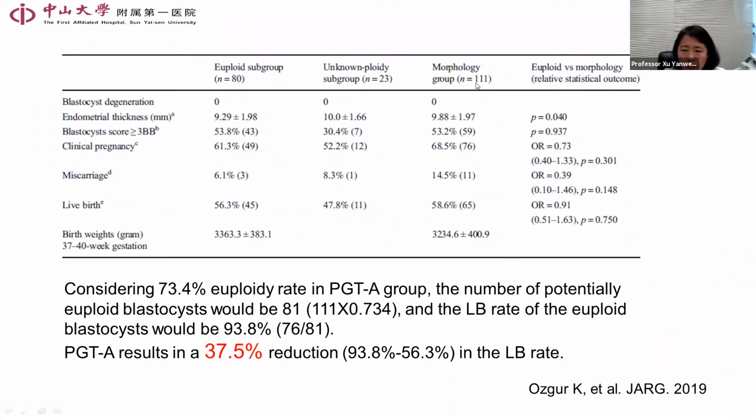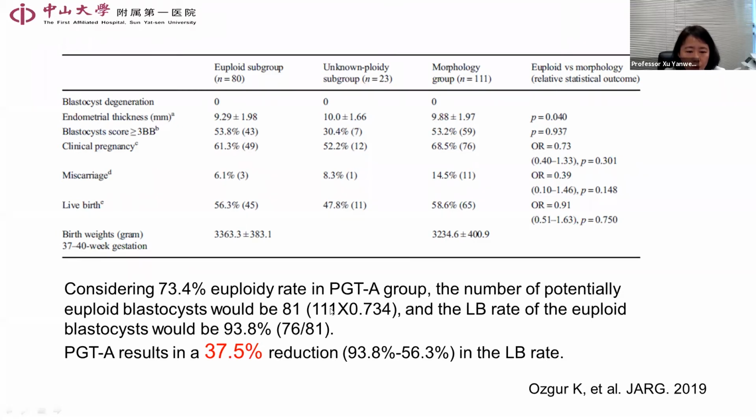And among these 111 blastocysts, there will be 81 euploid blastocysts. Through the calculation of only the euploid blastocysts transferred into the uterus, the live birth rate of euploid blastocysts would be 93.8% in this theoretical calculation.